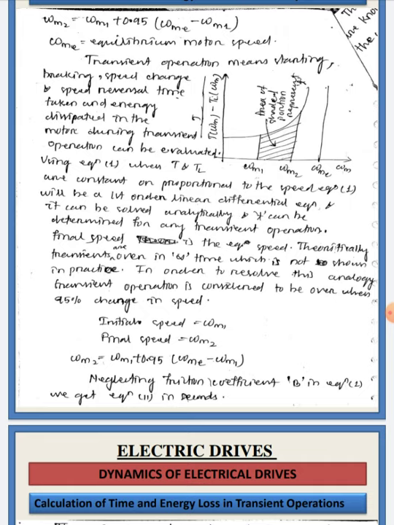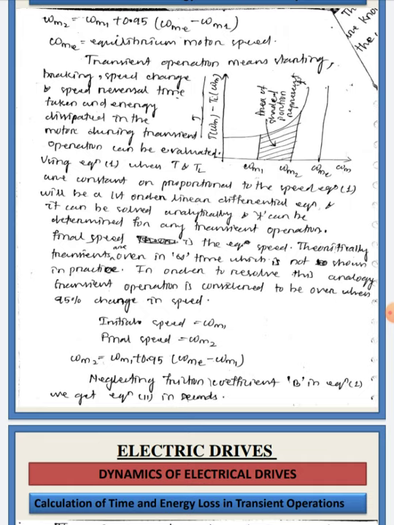The final speed is the equilibrium speed, and theoretically the transient is over in infinite time, which is not shown in practice because infinite time we can't represent in a graph.